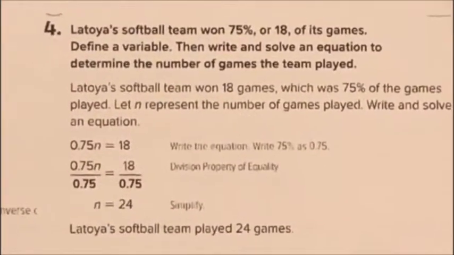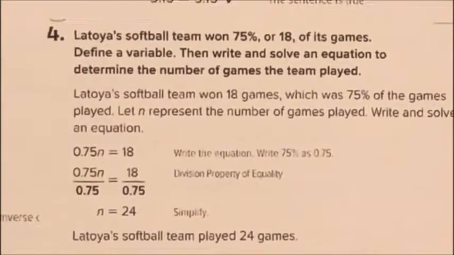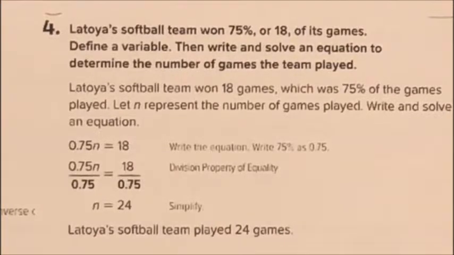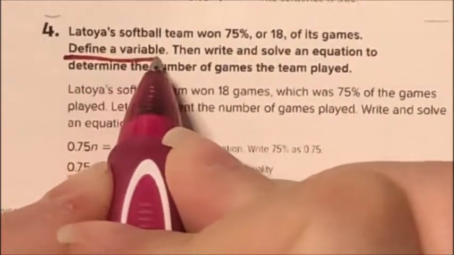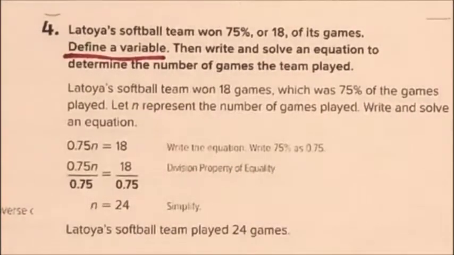So Latoya's softball team won 75% or 18 of its games. Define a variable, then write and solve an equation to determine the number of games the team played. Okay. So the first thing that it asks me to do is determine a variable. Make sure you follow all directions, all right?